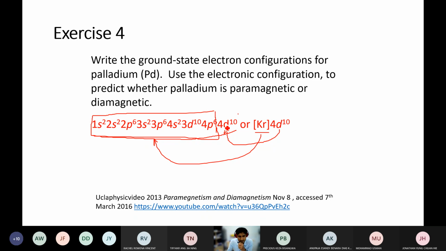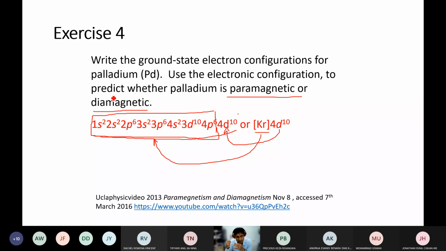And it asks whether it is paramagnetic or diamagnetic. Now, paramagnetic is the characteristic of an element that it will be attracted by an external magnetic field.